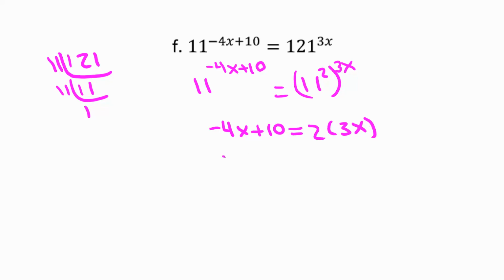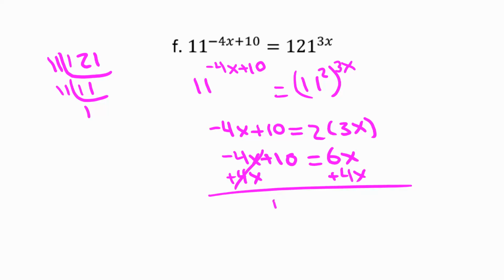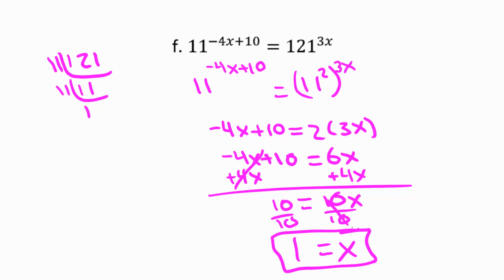Let's keep simplifying. We have negative 4x plus 10 equals 6x. Add 4x to both sides. That'll get all our x's in one place. 10 equals 10x. Divide by 10 to get rid of it. X equals 1. Final answer.